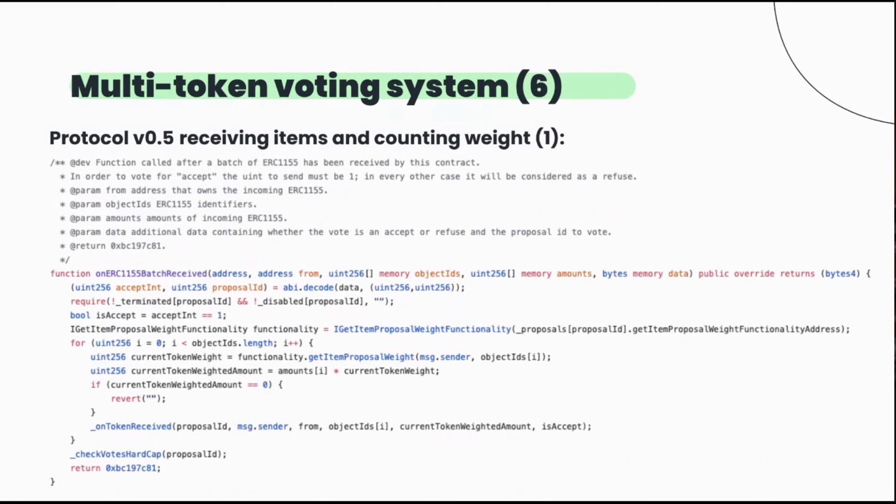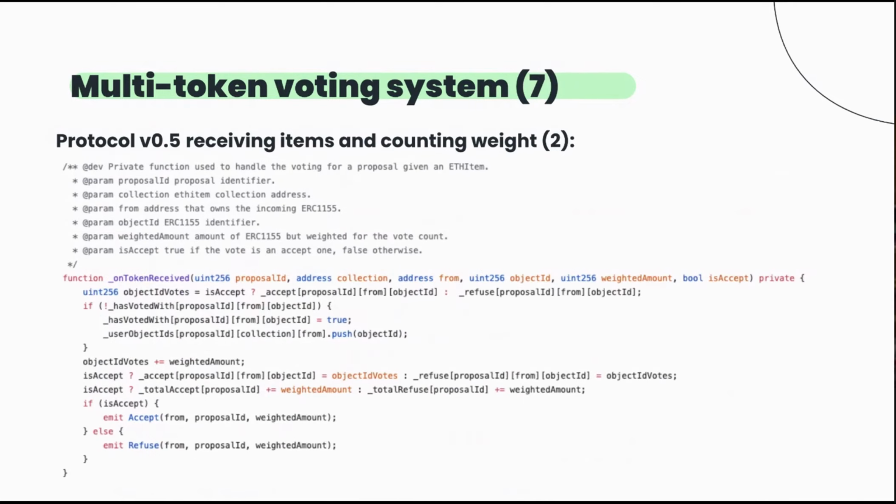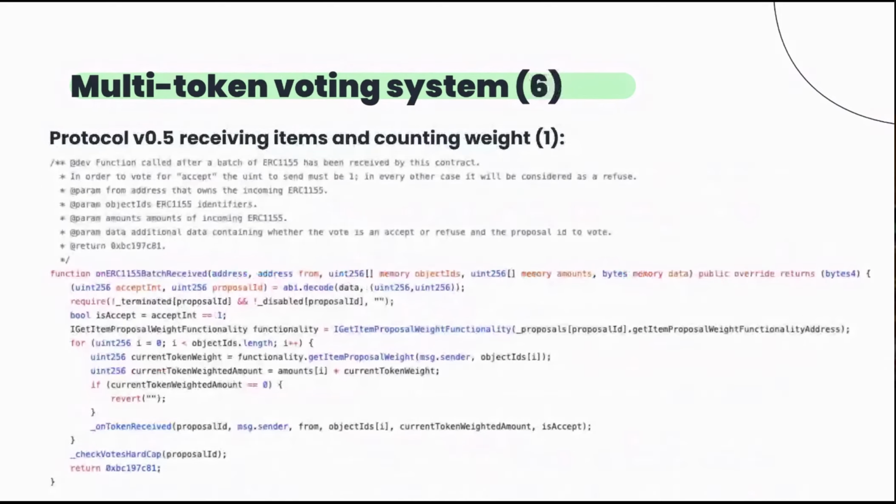So this is the onERC1155BatchReceived classic method that we have in the MVD functionality proposal, and this is a classic method, but we added some extra features. So for example, we can see that the get item proposal weight functionality is called by this function, and the get item proposal weight functionality returns the weight of that specific item.